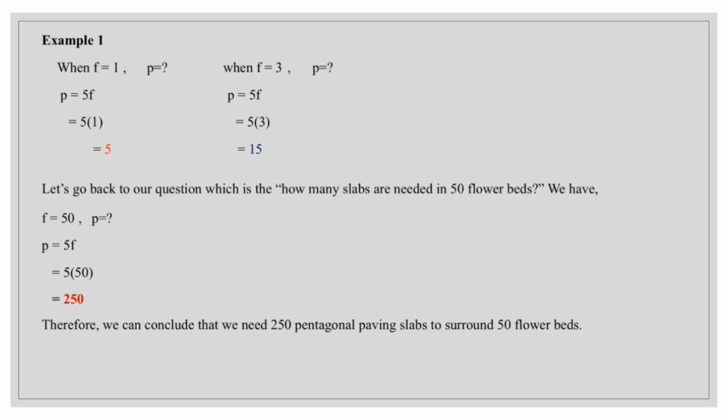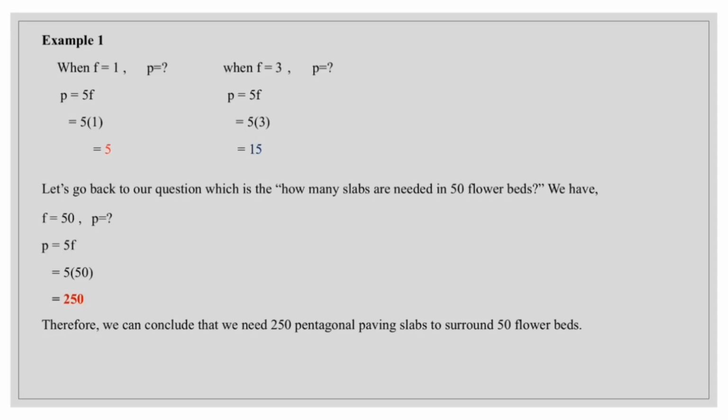Since we already have a formula, so we have example here. When f is 1, our p is 5. And when f is 3, our paving slabs is 15. So let's go back to our question, which is how many slabs are needed in 50 flower beds.